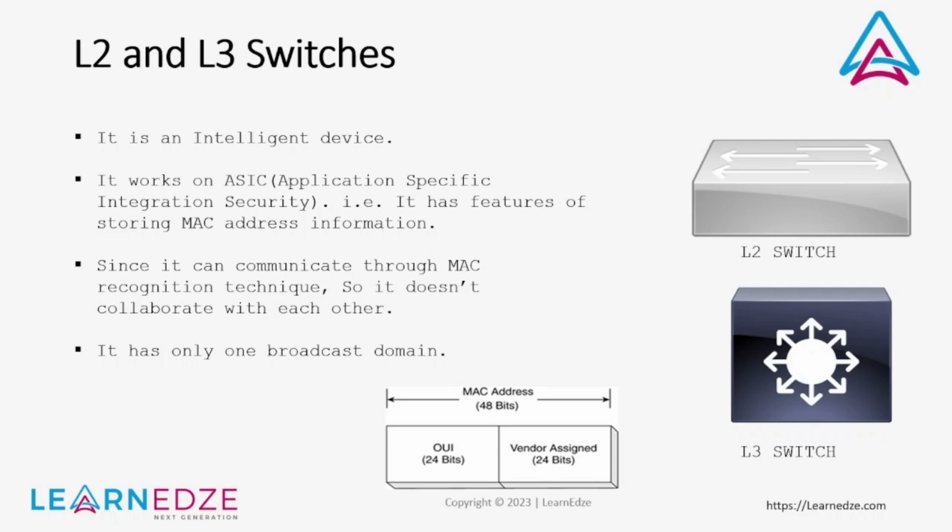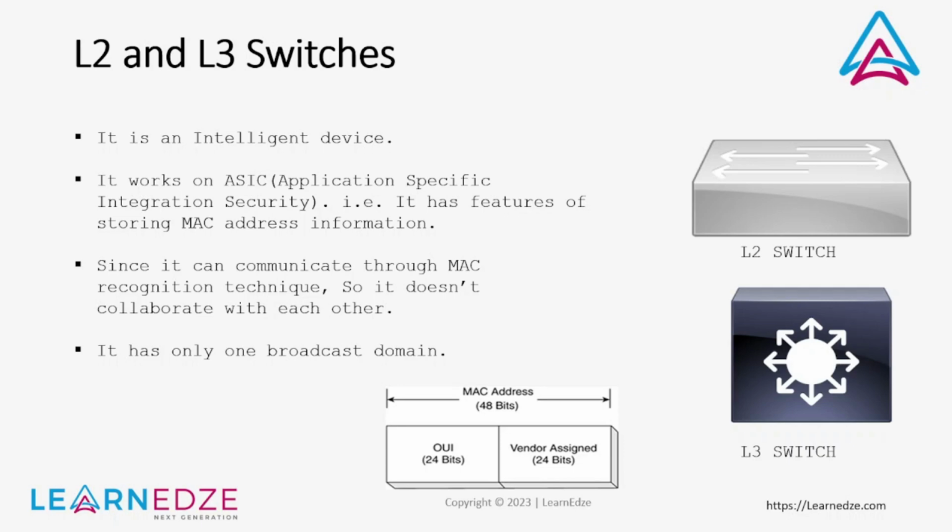If I connect internet from any port of the switch, then all the other ports will automatically get the internet. That is also one of the features, that it has a broadcast domain, but it also has some disadvantages. We're going to discuss them throughout this video session.